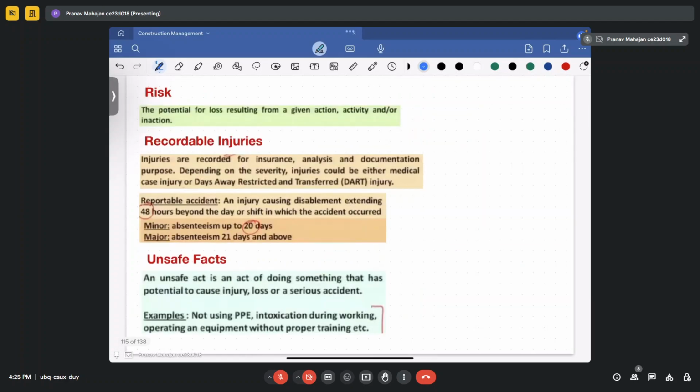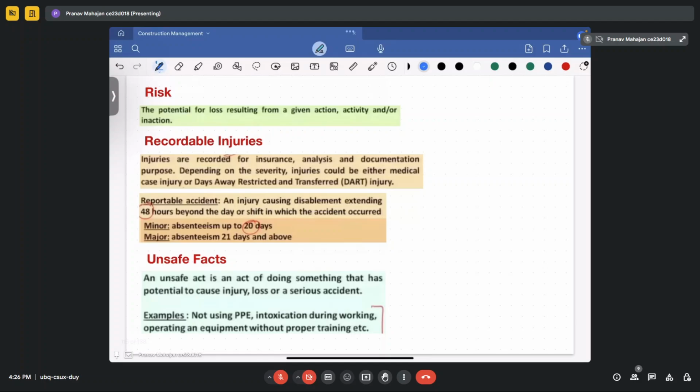Okay, so let's talk about a few more definitions. What is risk? Risk is the potential for loss resulting from a given activity, action, or any inaction. Next, what are recordable injuries? How do you quantify what are major and minor, based upon what criteria you record all of these injuries?